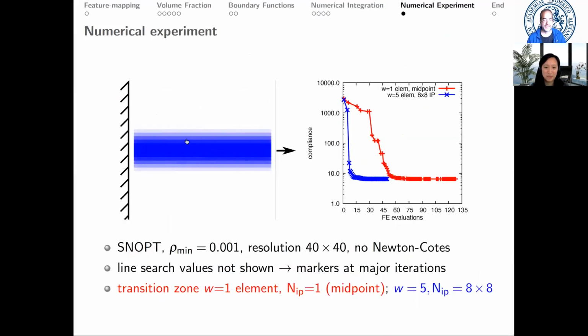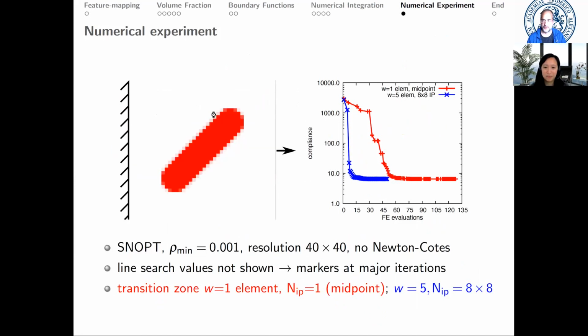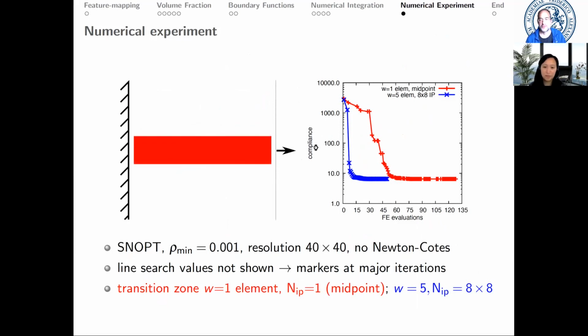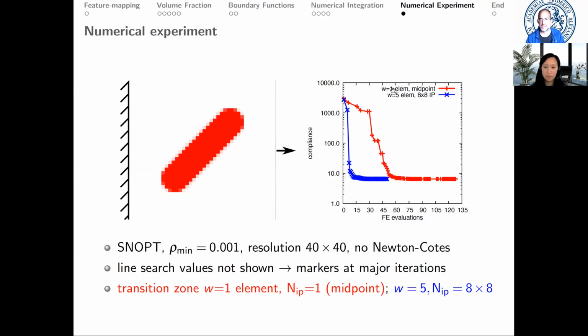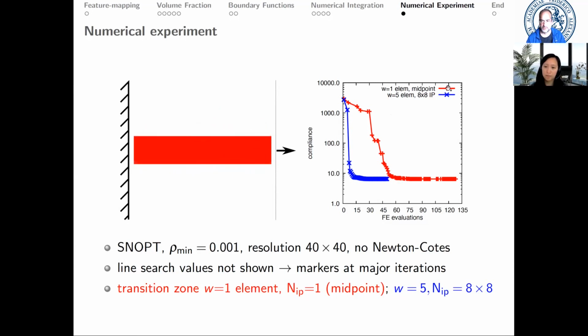Here we have the example from before. The boundary conditions, I hope, are clear. The optimum is also clear. And we have 2 kinds of numerical integration. So we have the same problem, just changing the numerical integration. In the first case, 1 element transition zone, only midpoint. So we know now that it's really too coarse.